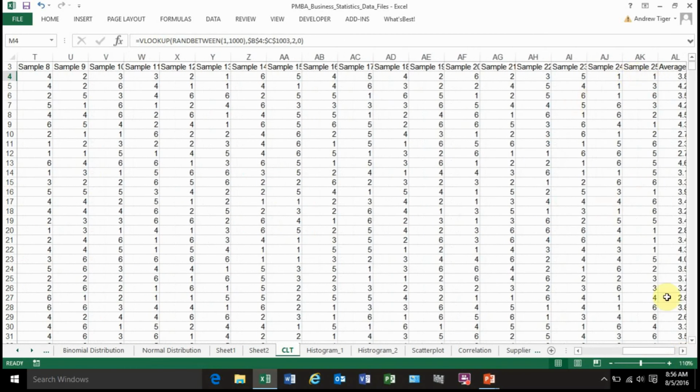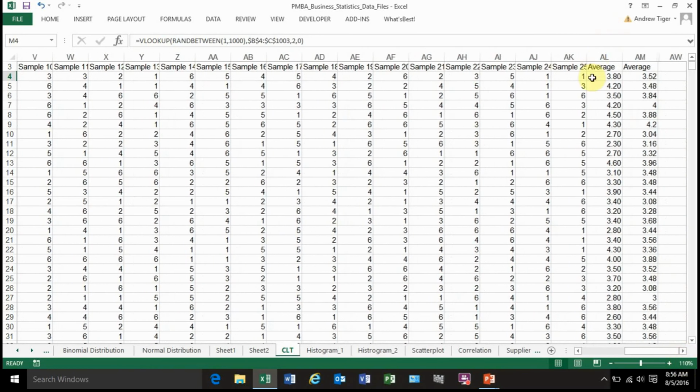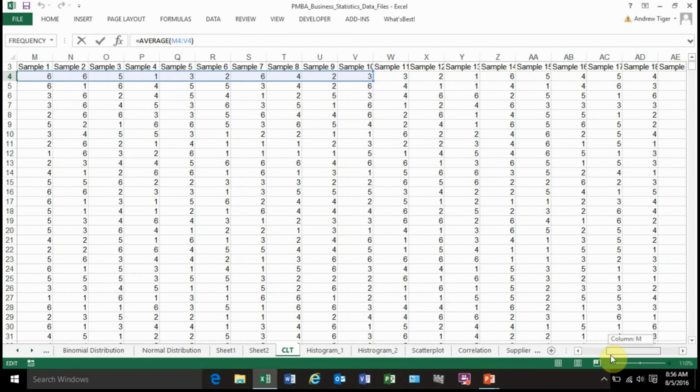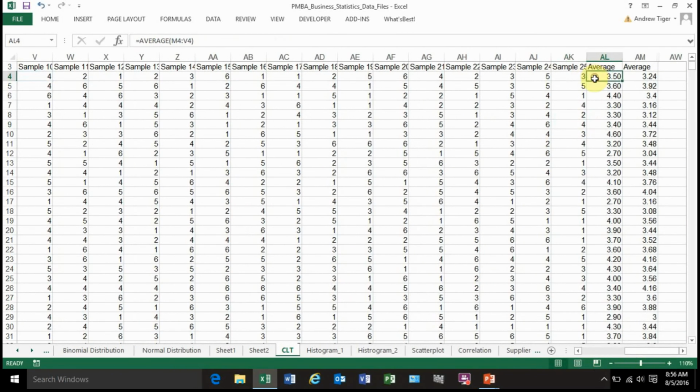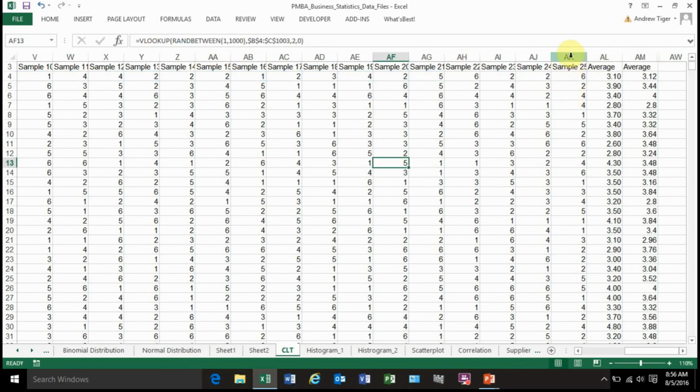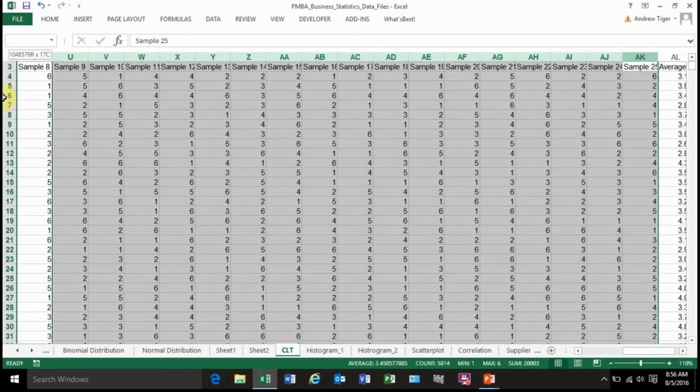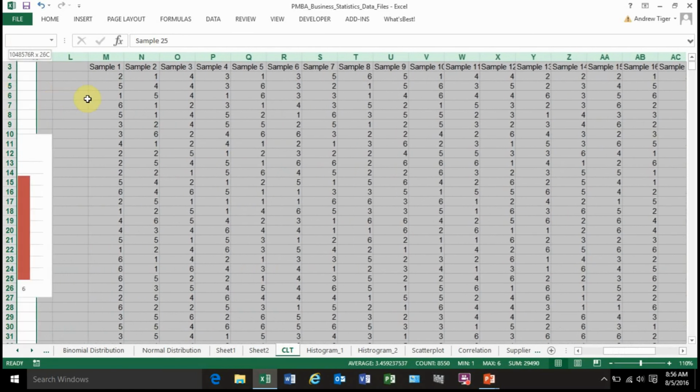But more importantly, if you look over here in these last two columns, this column is an average. If I took a sample of size 10, I grabbed 10 of those, and I calculated the average. And in this one, I'm grabbing 25 and taking the average. So now that I've taken the averages, I'm not going to worry about the actual individual samples.